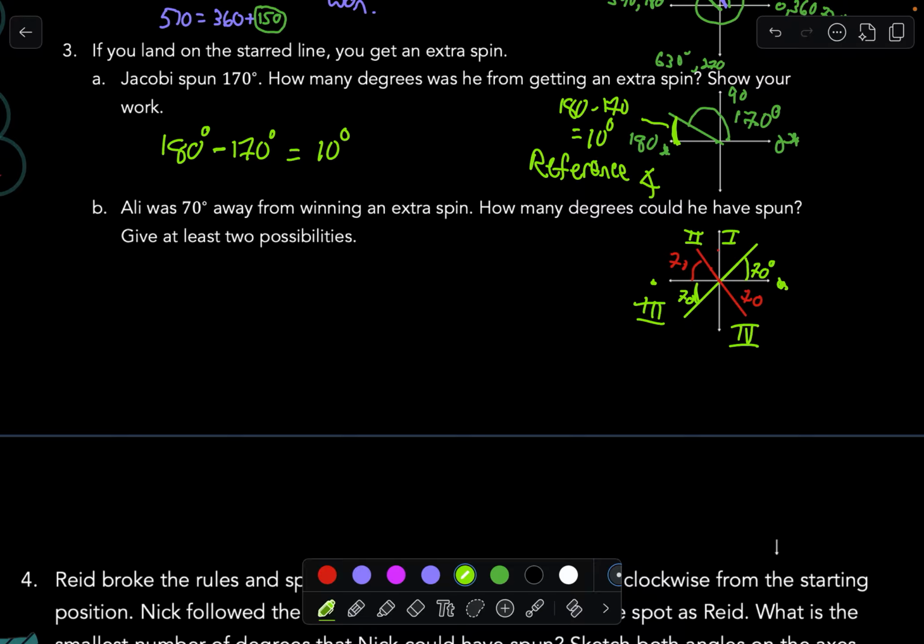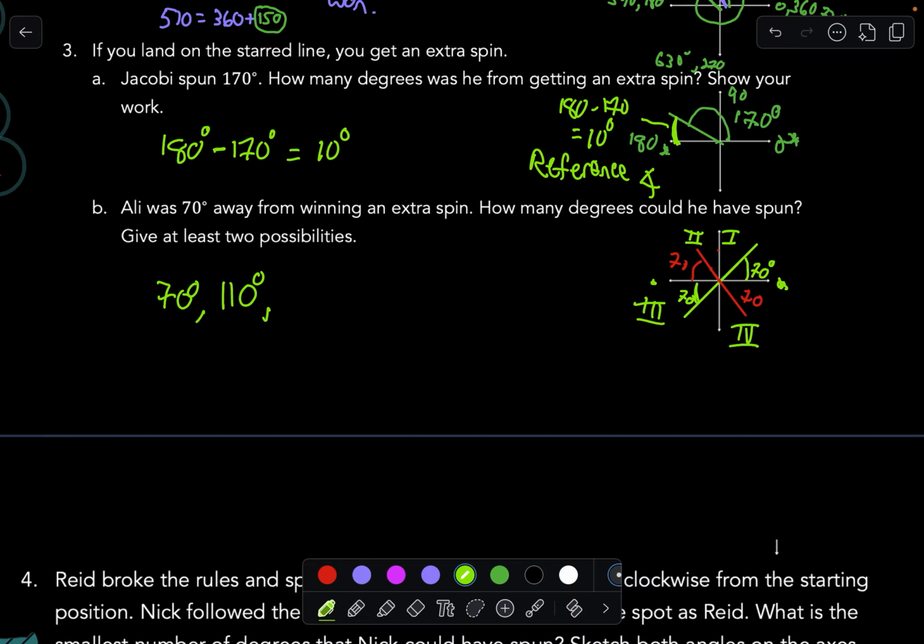So if he's 70 degrees away, he could have spun 70 degrees, which would put you in the first quadrant right here. But you could also have spun it and landed over here. That's 70 degrees, so that's going to be 180 minus 70, which is 110 degrees. You could also have landed here, which is 180 plus 70.